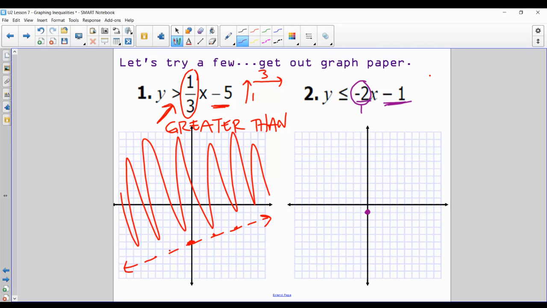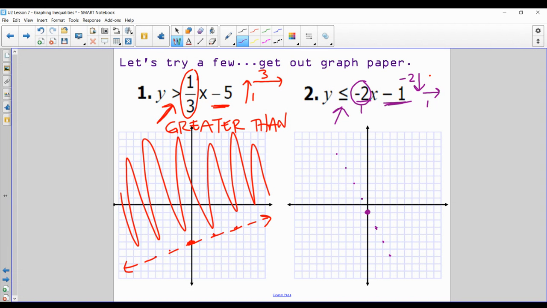That's just like saying -2/1. So that says go down 2, go over 1. So I'm going to go down 2/1, get a few points in here, a couple more so that I can do this without getting too crooked of a line.